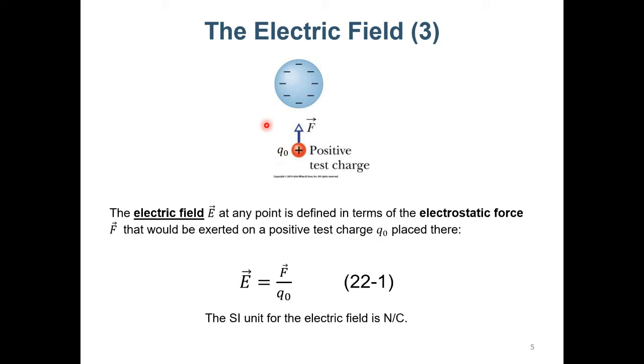Suppose we have a positive charge Q0, but how large Q0 is not really important regarding the E field. So the E field is defined by the force divided by Q0, and that's the fundamental definition for the E field.